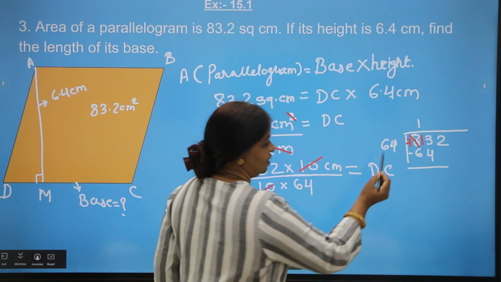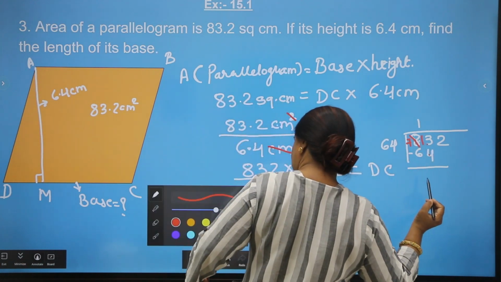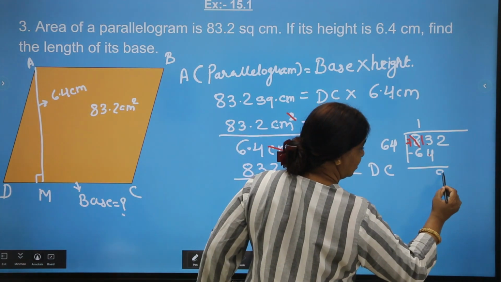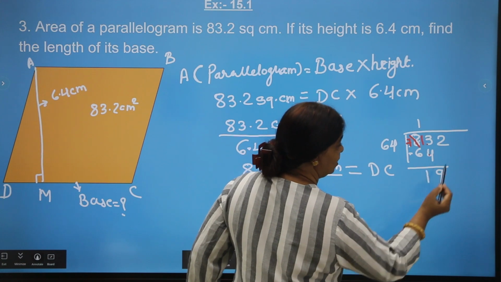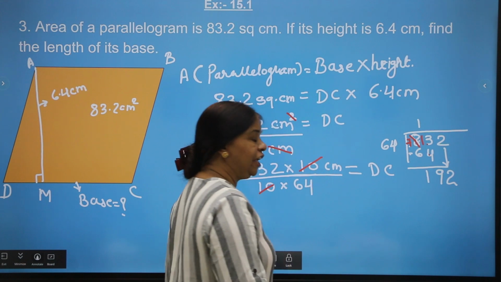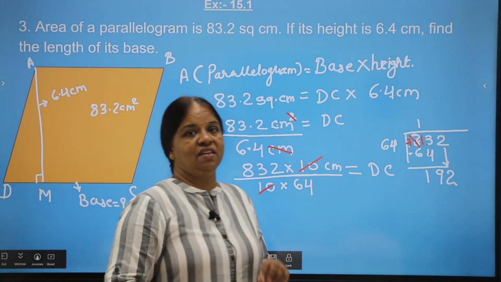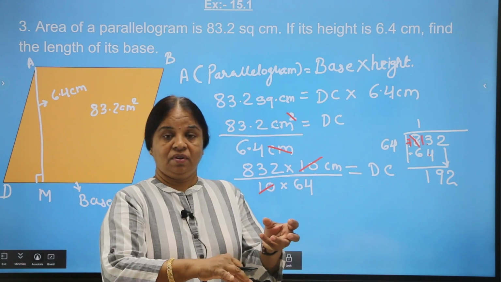Fine. So 13 minus 4 will be 9. And here there is 7 minus 6, which will be 1. And I will be bringing 2 down. Total becomes 192.